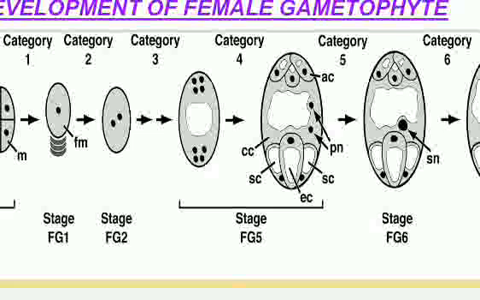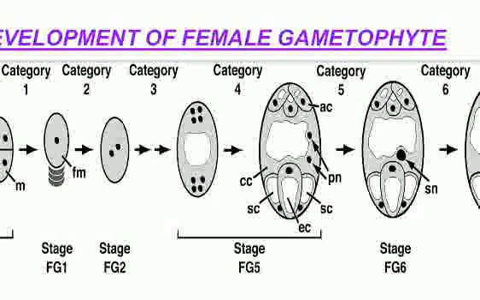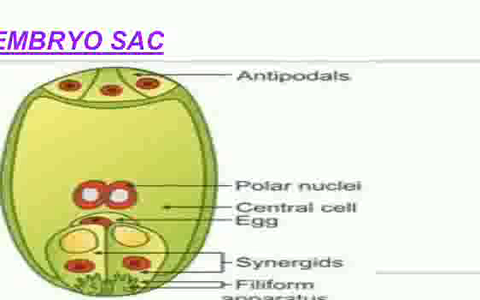The egg cell hangs between the 2 synergids, and the synergids bear a special type of thickening at the micropylar end called the filiform apparatus. Now, how does this figure appear? Actually, when the embryo sac is fully developed, it appears like this.